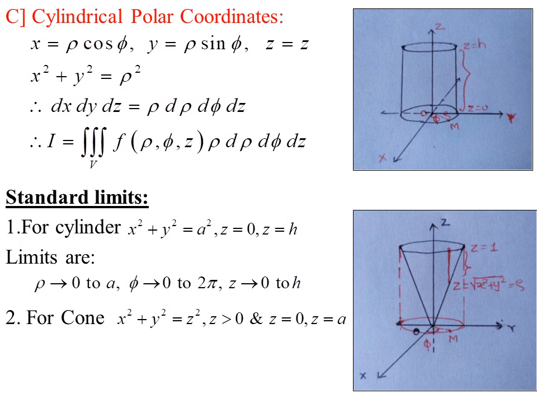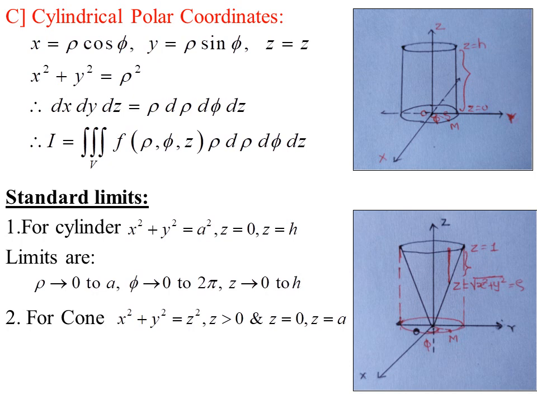So for the given equation, if we observe x square plus y square is equal to z square, for z equal to 0 it's a point circle at the origin, and as z varies from 0 to a, our circles or cone will be increasing in manner.